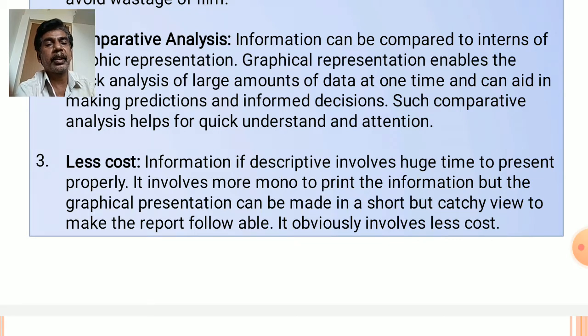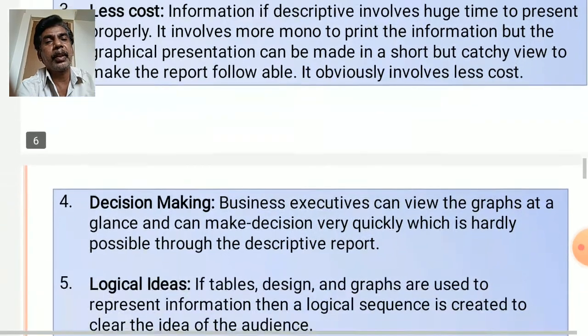So obviously it costs less to prepare graphs.